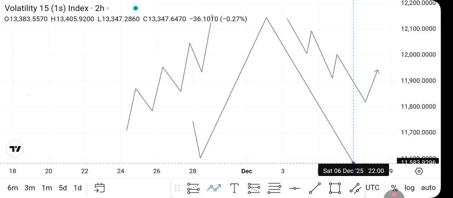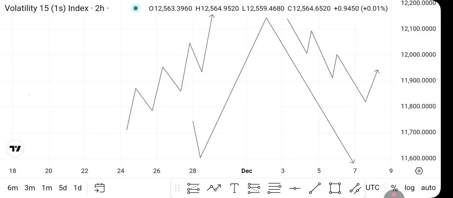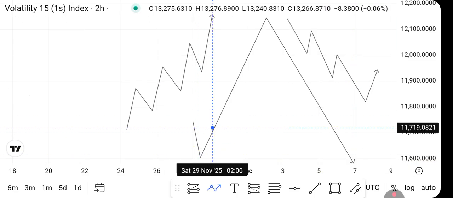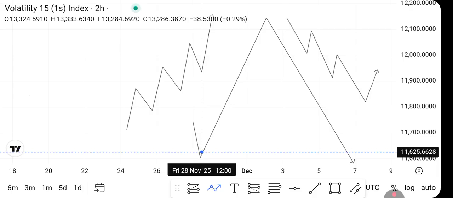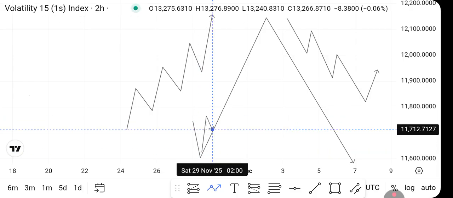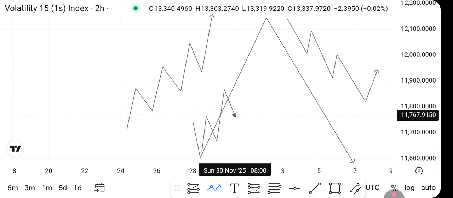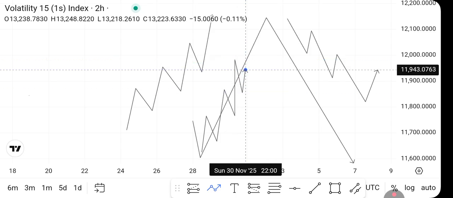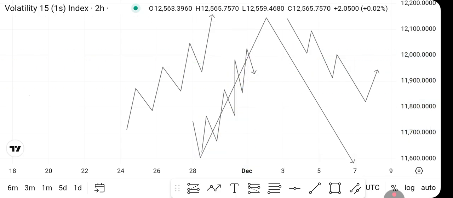It's not possible. Do you get it? Inside this line, as it were, would be expansions and retracements, expansion, retracement, expansion, retracement, like that. That is what forms the movement.